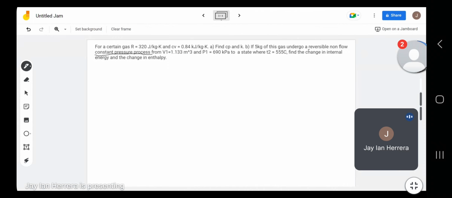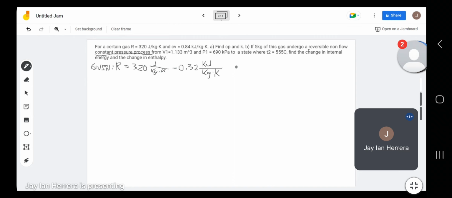So find the change in internal energy and the change in enthalpy daw.